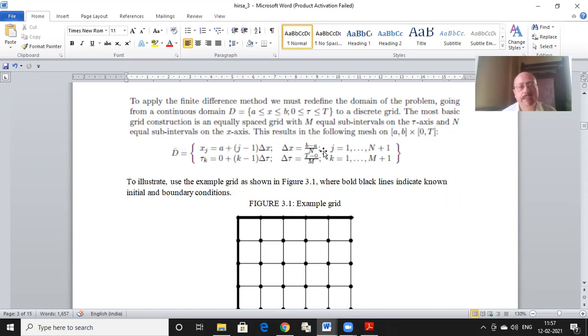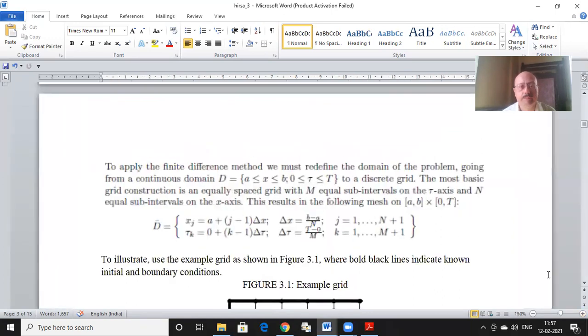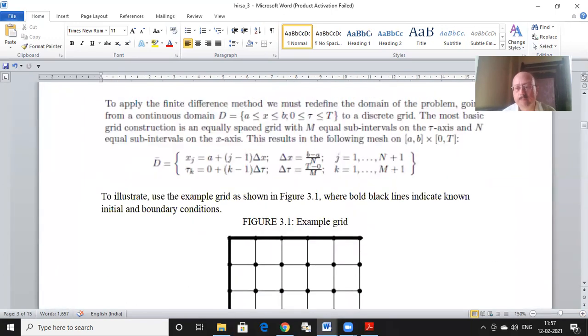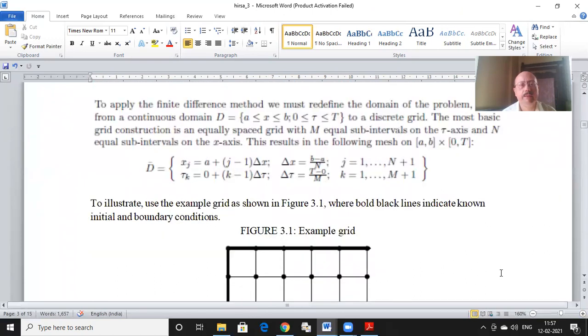So this length B minus A is divided by capital N. And similarly, I slice the time axis domain 0 to capital T into capital M many pieces. So this is T minus 0 by capital M. So I have an M cross N discrete grid of equally spaced points. And the points are defined like this.